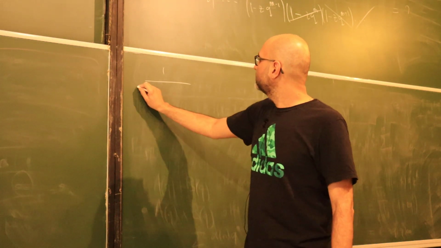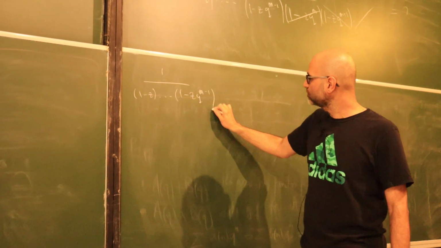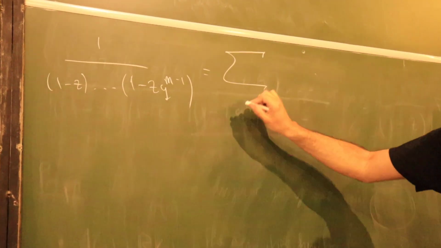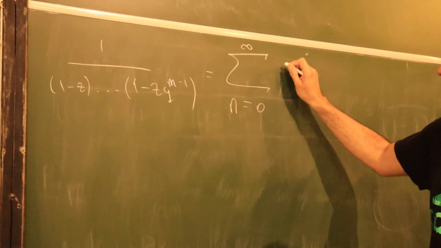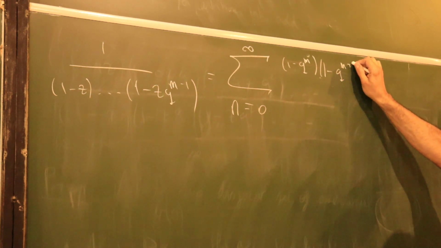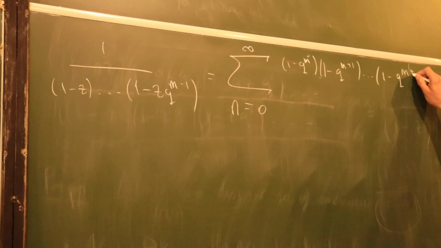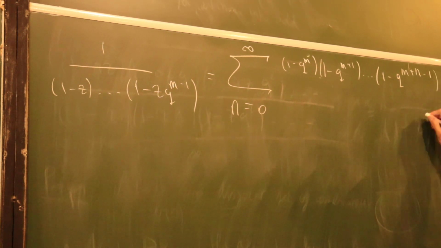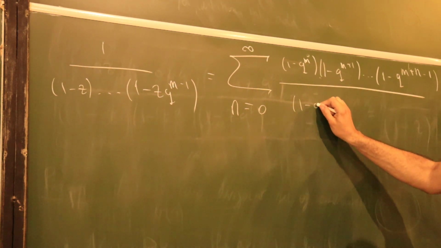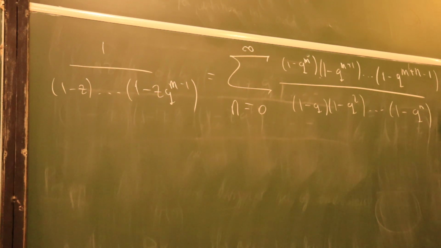So we have 1 over 1 minus zq up to 1 minus zq to m minus 1 equals the sum, n running from 0 to infinity, 1 minus q to m, 1 minus q to m plus 1, and so on, 1 minus q to m plus n minus 1, over 1 minus q, 1 minus q squared, up to 1 minus q to n, z to n.